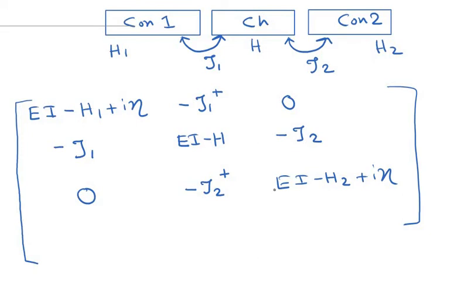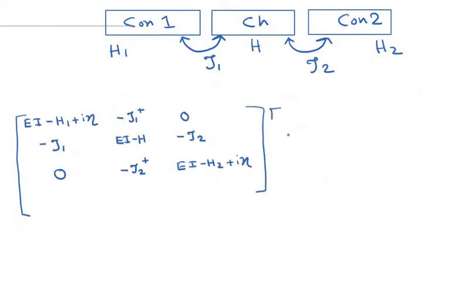I need more space, so let me just make it shorter. This multiplied by phi 1 plus x1. So phi 1 is again the wave function inside the isolated contact 1, and once contact 1 is coupled with the channel, wave functions also spill into the contacts or travel into the contacts, and that wave function is denoted by this x1. So phi 1 is kind of known because it is a wave function inside the isolated contact, but x1 is not known.